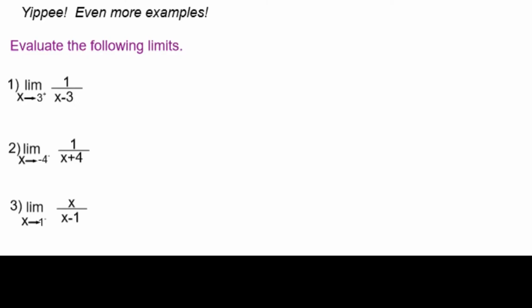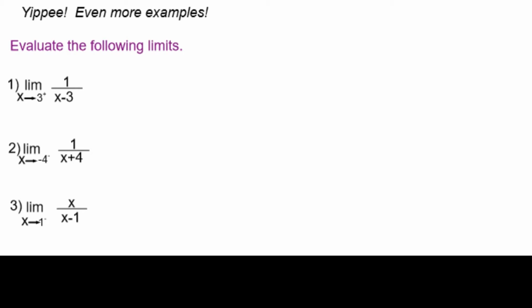All right, got some more examples here. Woohoo! It says yippee! Anyway, evaluate the following limits. For these, again, I try not to graph them. Try to picture them. Think of the graph of 1 over x, and then shifting, and picturing what would happen. So first example, what's the limit as x approaches 3 from the right? Well, we're going to have a vertical asymptote at 3, and you have to think of what the graph would look like.